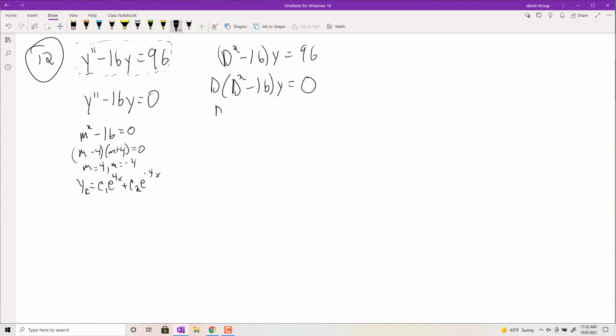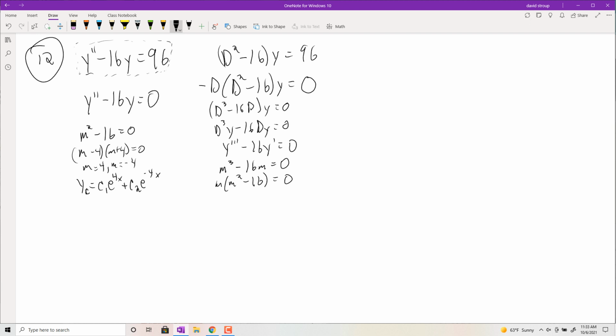You're going to get D cubed minus 16D applied to y equals 0. This would then be D cubed y minus 16 Dy equals 0. That would be y triple prime minus 16 y prime equals 0. And then you get your characteristic equation m cubed minus 16m equals 0. And then you factor it into m times m squared minus 16 equals 0.